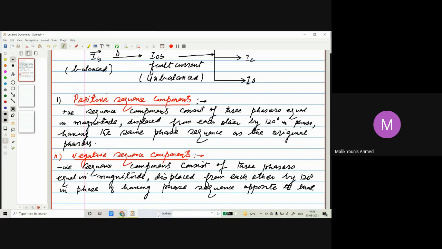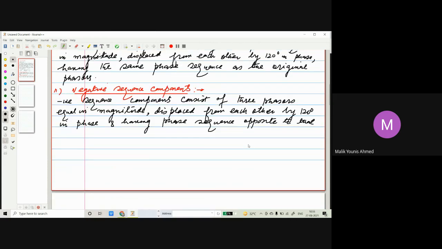That's the only difference. Opposite to that of the original phasor. Okay, so next is zero sequence.